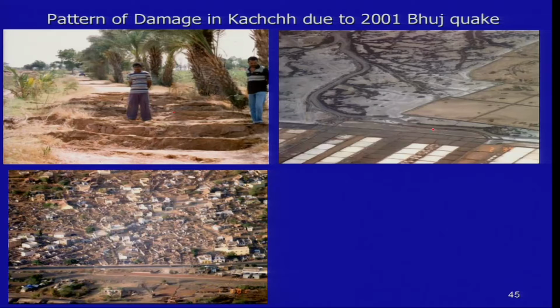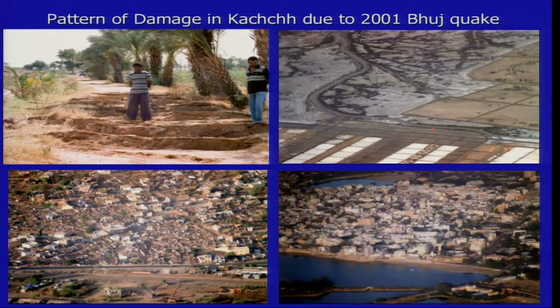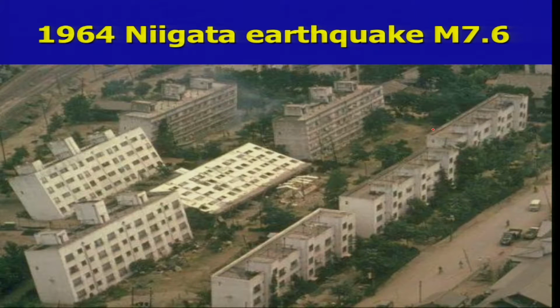Then of course, along with that we faced damage in the Bhuj area and around Bhuj. Severe damage was experienced. This is an example from the 1964 Niigata earthquake. The buildings toppled because of the loss of shear strength of the underground material.